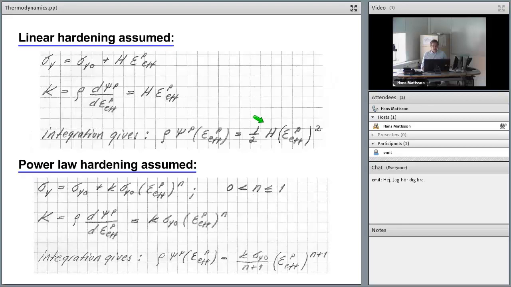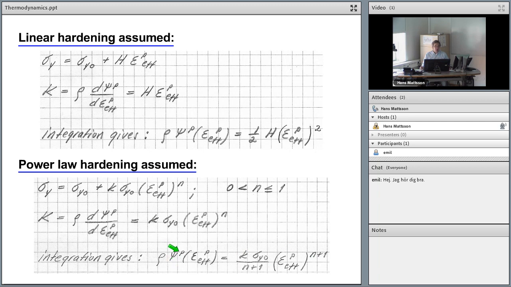And if we, for instance, assume power law hardening, then such a hardening could be like this. And then our hardening parameter will be like this. And if we integrate this here, it's just another polynomial, then we get this result here.